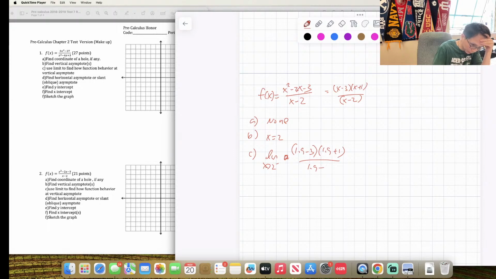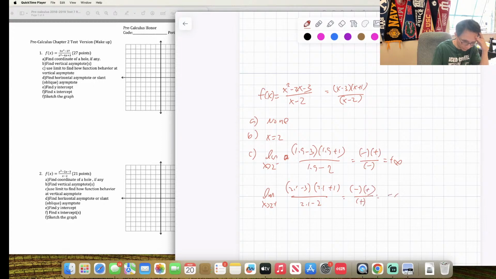So for this one, can I plug in 0? Oh, I should plug in 0.9 into the last equation. Yeah. And then see how this one goes.